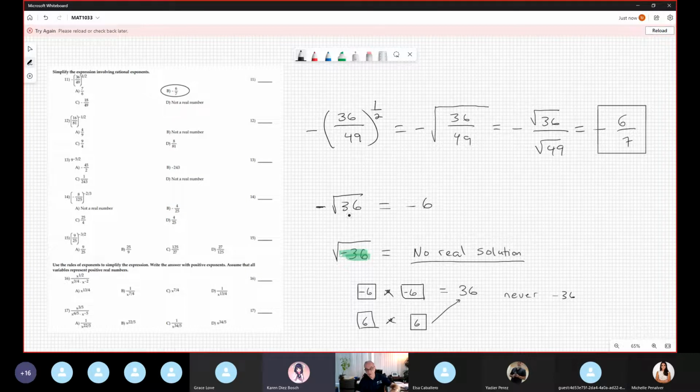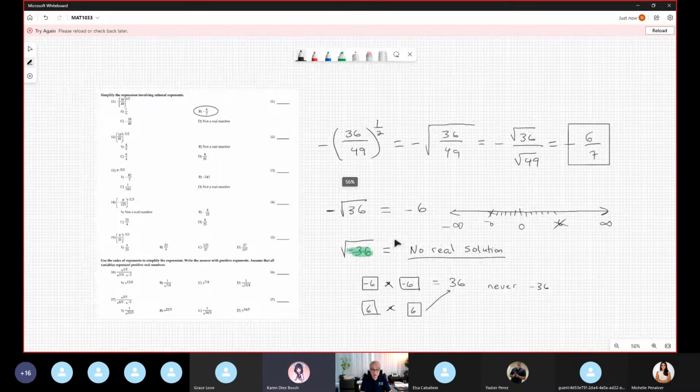The solution exists, but it's not real. The solution is not on the real line. It's in another dimension. 6 doesn't work. Negative 6 doesn't work. I prove it here.